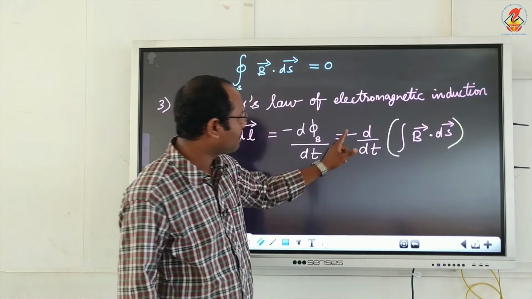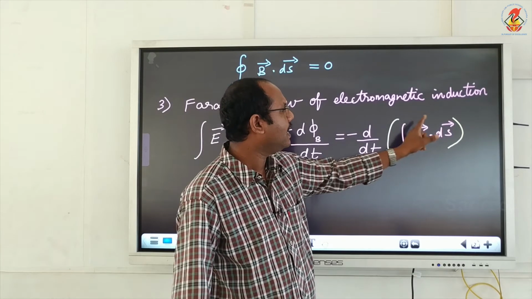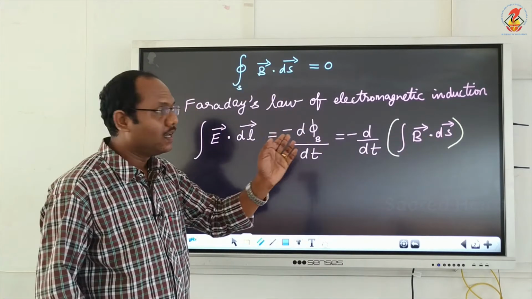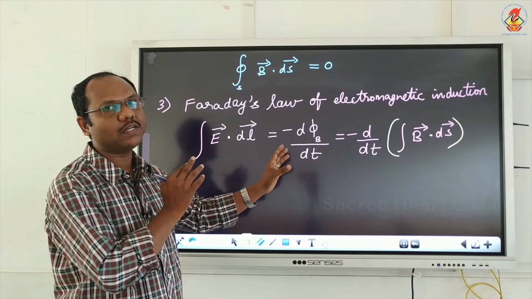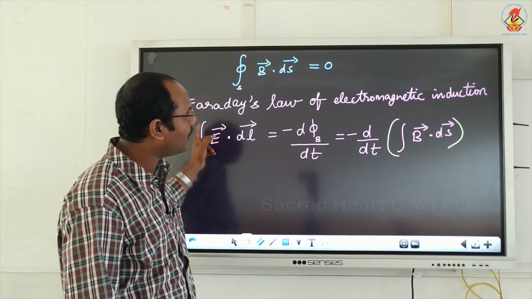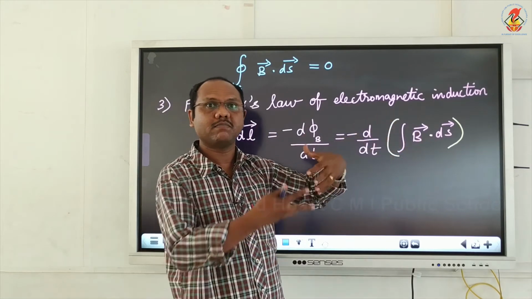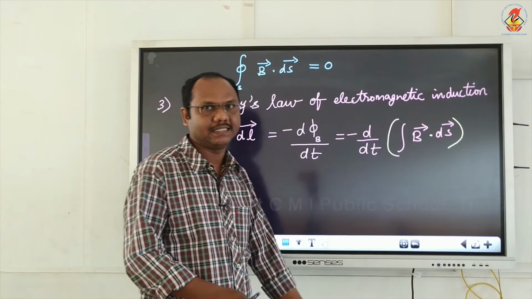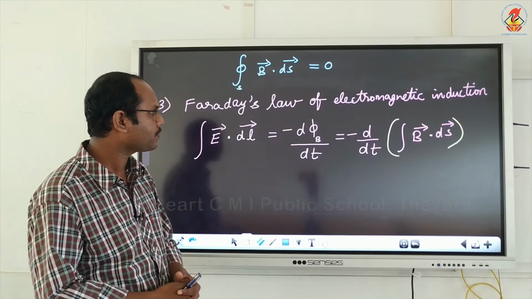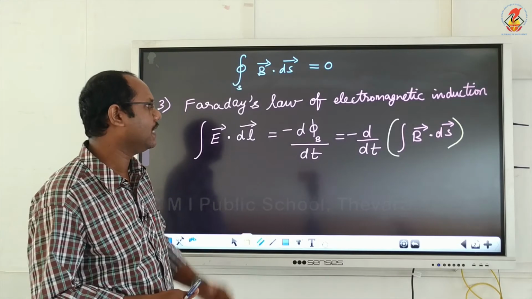Here you can see with this equation I am relating electric field with the magnetic field. I am saying both of them are interrelated. That is what Maxwell did. That is the third equation.